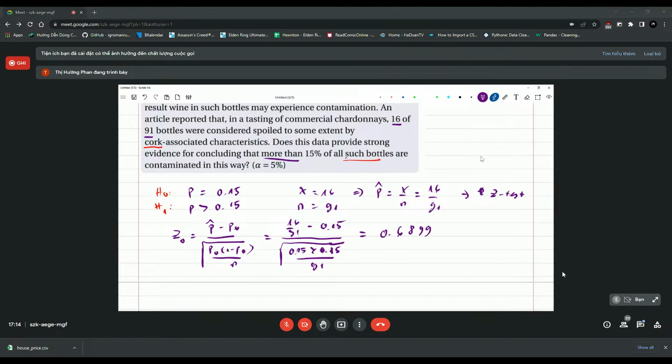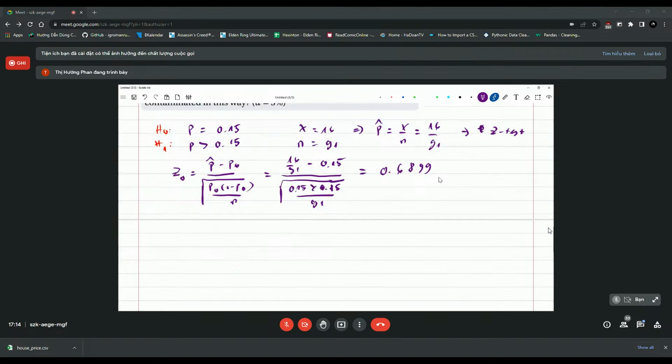And using the Z test, in this case we use Z alpha over 2 or Z alpha. We use alpha because we only consider a one-sided alternative hypothesis. Hence, we should use alpha instead of alpha over 2.